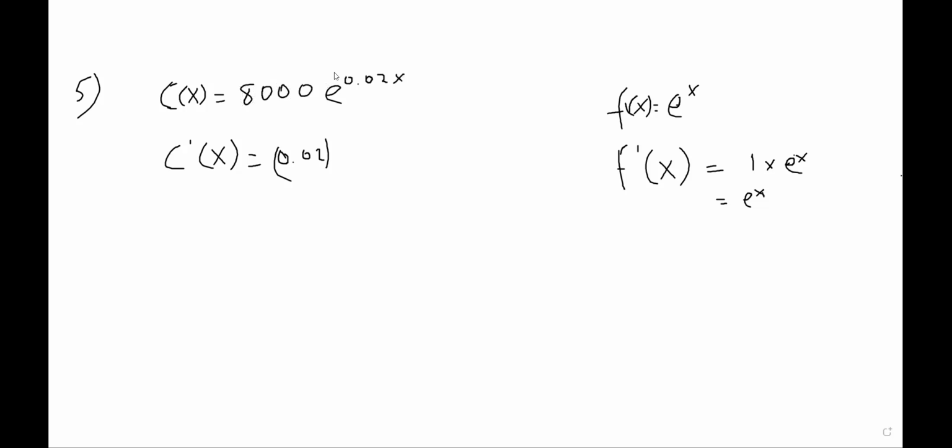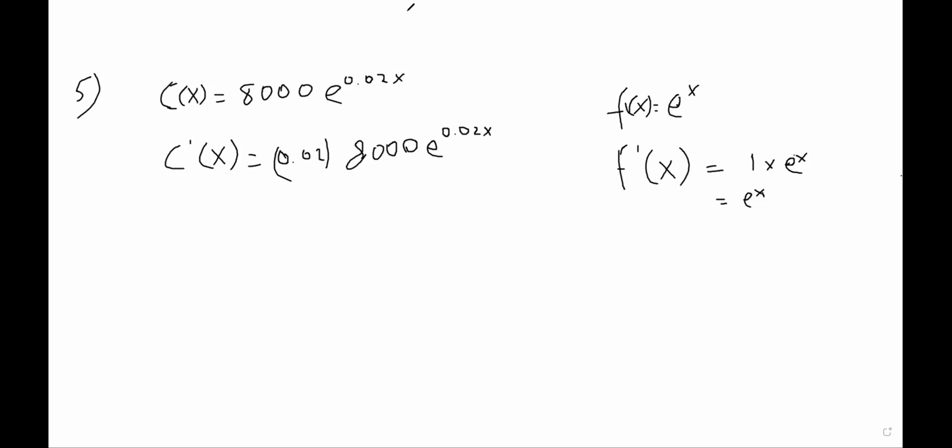All right, so now I'm going to start to work here. It's 8,000 e raised to the power of 0.02x, which is our original function.